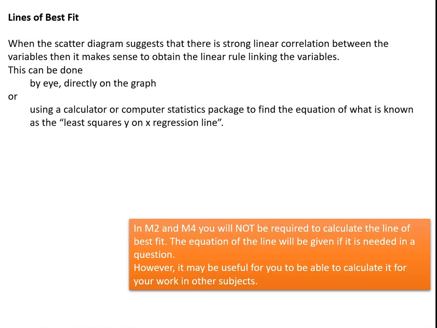Now in your maths for M2 and M4, you will certainly not be required to calculate the line of best fit. The equation of the line will be given if it's needed in a question.